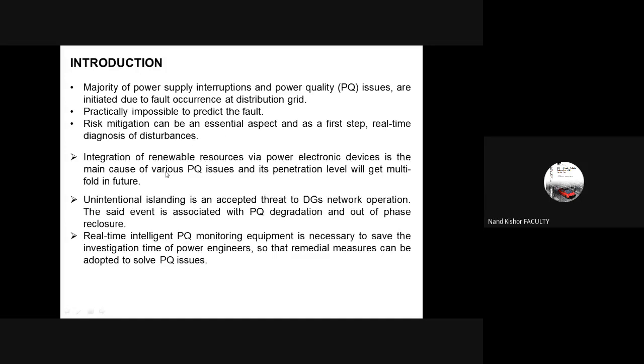As I said, when we have a large number of renewable resources integrated, mainly through power electronic devices, then the issues related to power quality and penetration arise, and with the penetration level, the issues increase multiple times. That is one thing we have to keep in mind. Next, as introduction to the problem, unintentional islanding was a threat to the DG network.